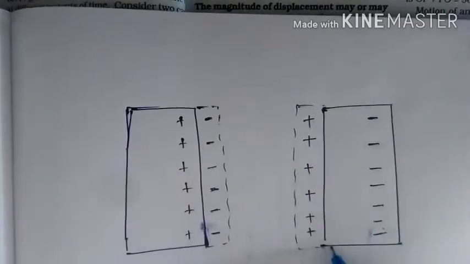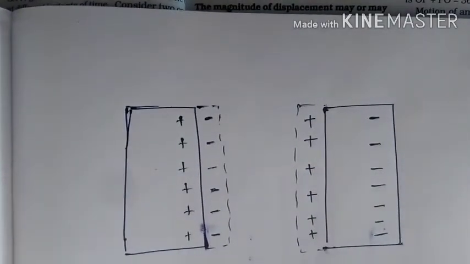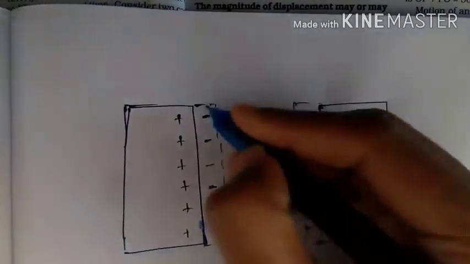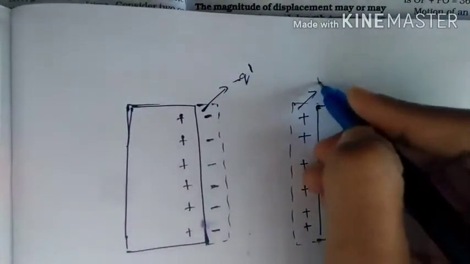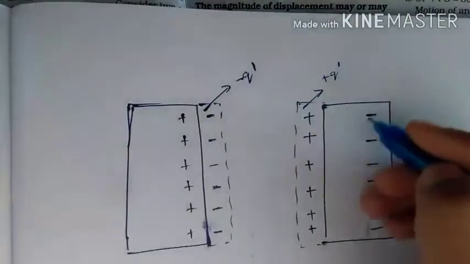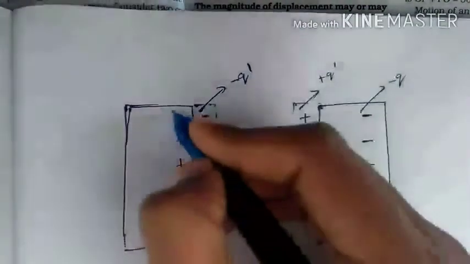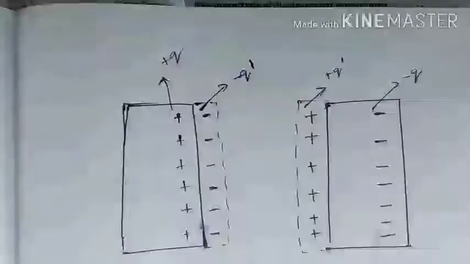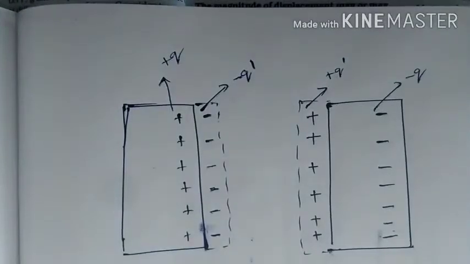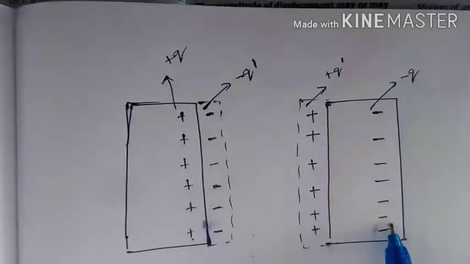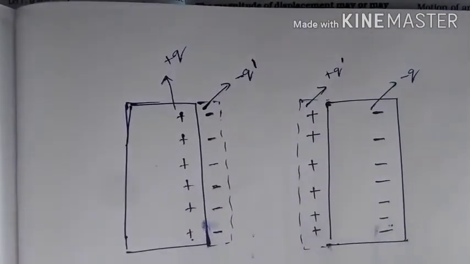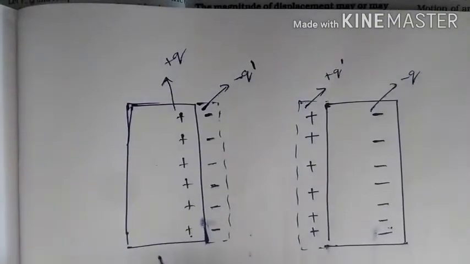So we have understood how the charges will get induced. So this is minus Q prime, and this is plus Q prime, and this is minus Q, and this is plus Q. And here you have the free charges. So this plus charge here and minus charge here form the free charge.